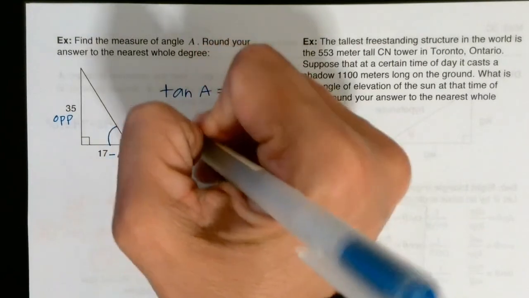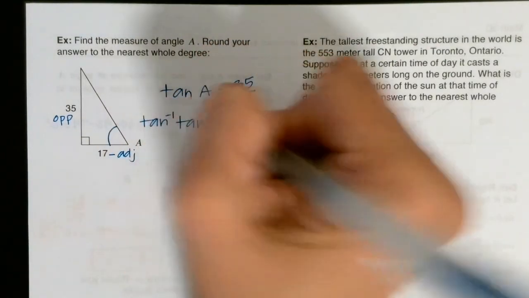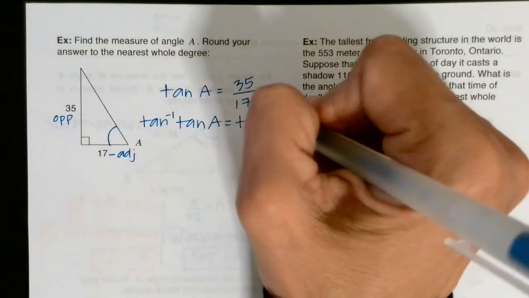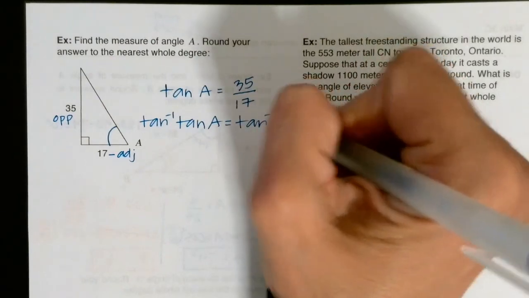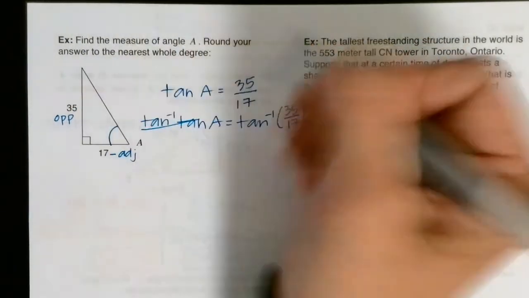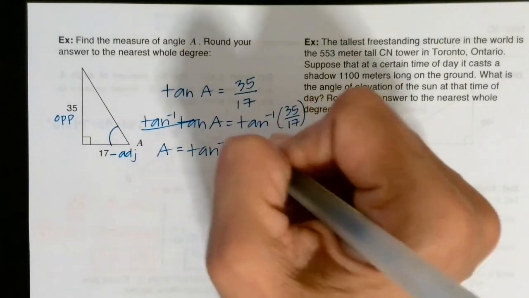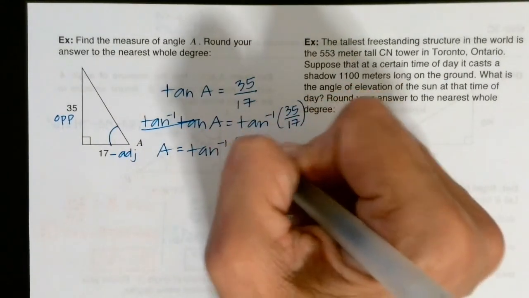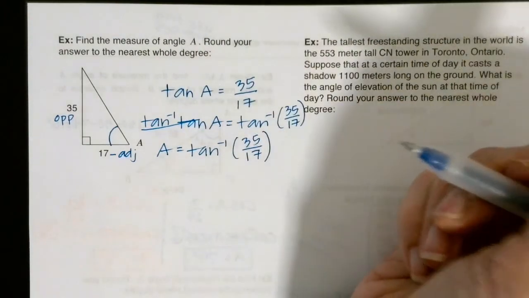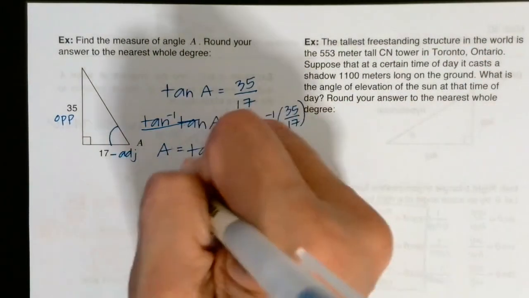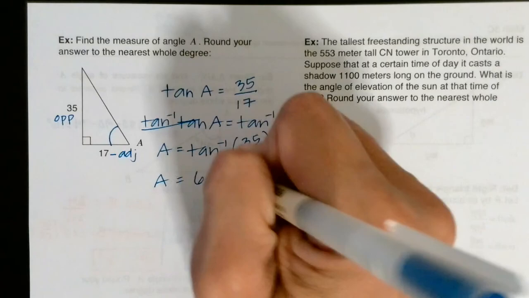Tangent inverse: tangent A equals the tangent inverse of 35 over 17. Those undo each other. A is the tangent inverse of 35 over 17. Boop, boop, boop, boop. That's me plugging it into my calculator, and when I do that, I get 64 degrees.